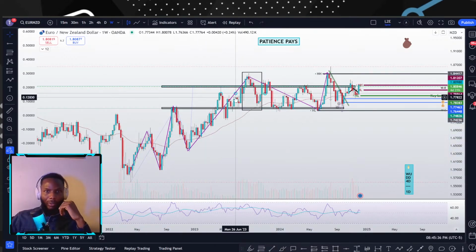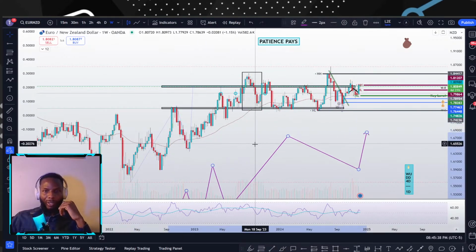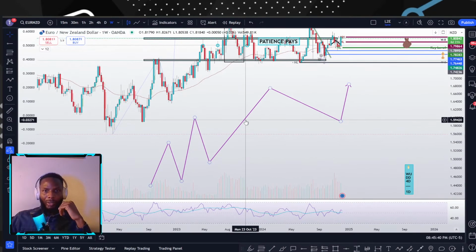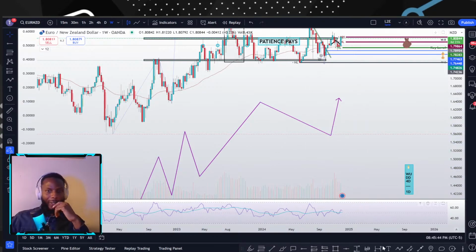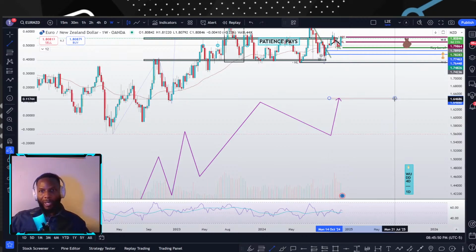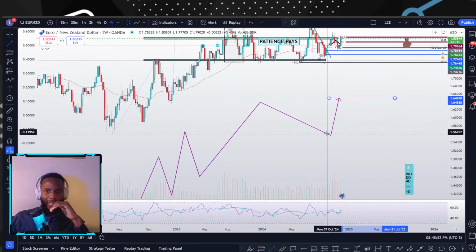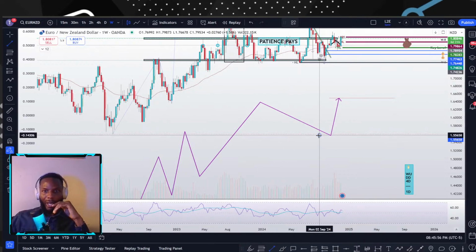Okay, so when I move it down here, all I care about is the last structure that it made, which in that case was this high that it's on its way to make right now, and then this higher low right here.